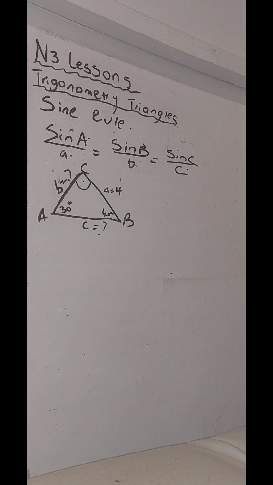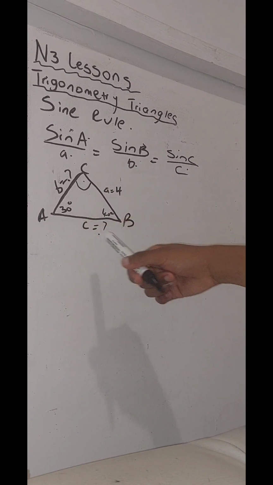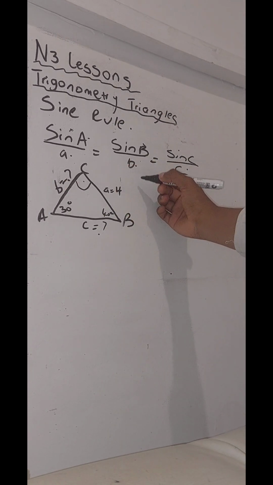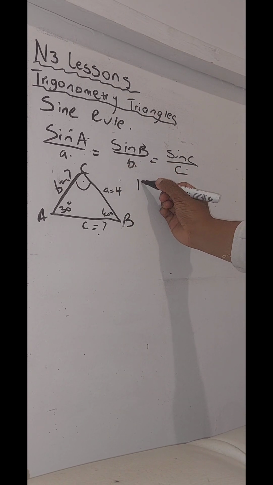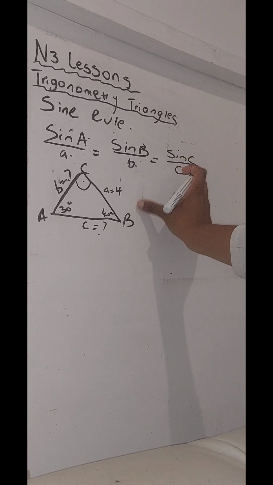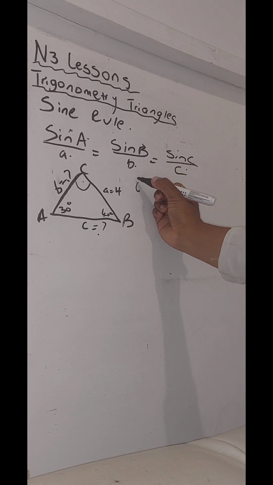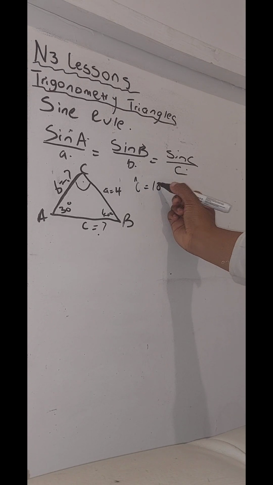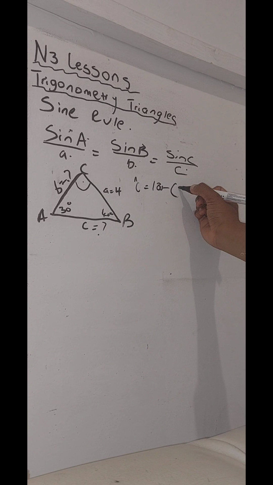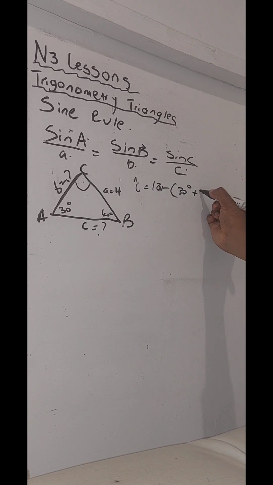To solve for angle C, guys, we already know all the angles of a triangle add up to 180 degrees. So starting with the angle, we're going to say angle C is equal to 180 minus (30 degrees plus 40 degrees).